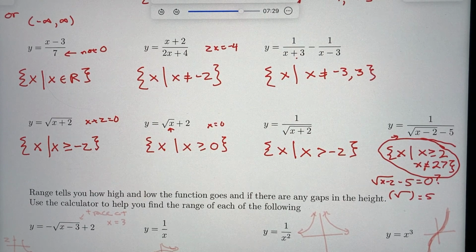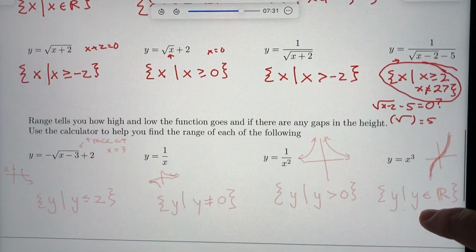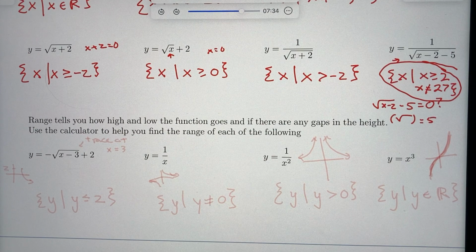Range tells you how high or low the function goes. X tells you, if you squish it onto the x-axis, what's going to be allowed. Range tells you if you squish it onto the y-axis. If you graph the function, it starts at a particular number, like this.